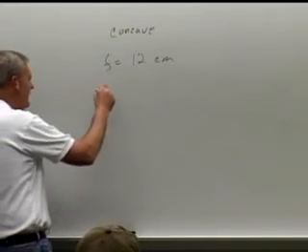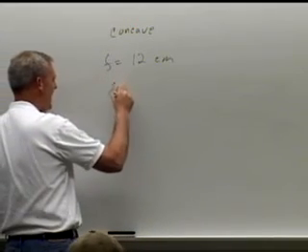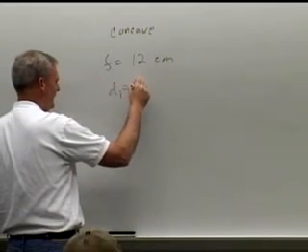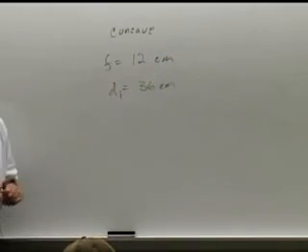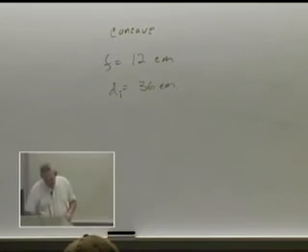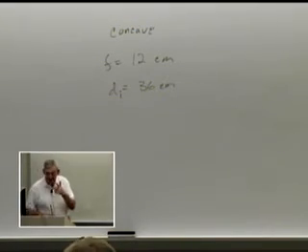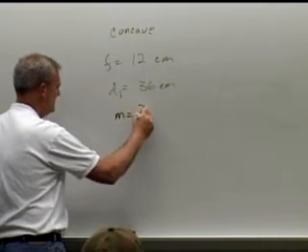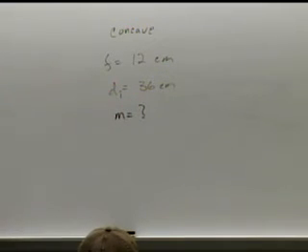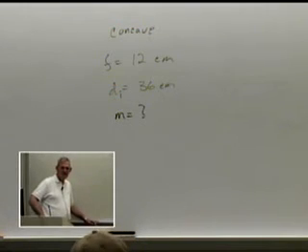Okay, the distance of the image is positive 36 centimeters. What is the magnification? Oh, they want to know M. We want to find M.